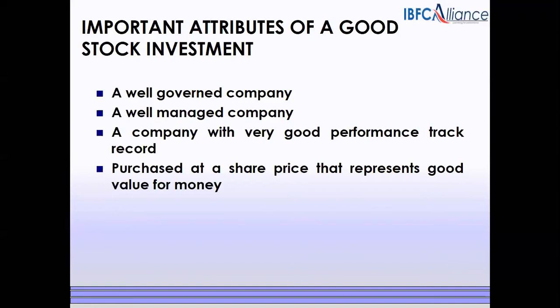Okay, let me backtrack a bit. About 2 or 3 years ago, Nigerian Breweries traded as high as 200 naira. And I said to anybody that cared to listen to me then that I wasn't saying that Nigerian Breweries was a bad company, right? But paying 200 naira per share for Nigerian Breweries, based on my own understanding of value for money, I was just throwing money away.